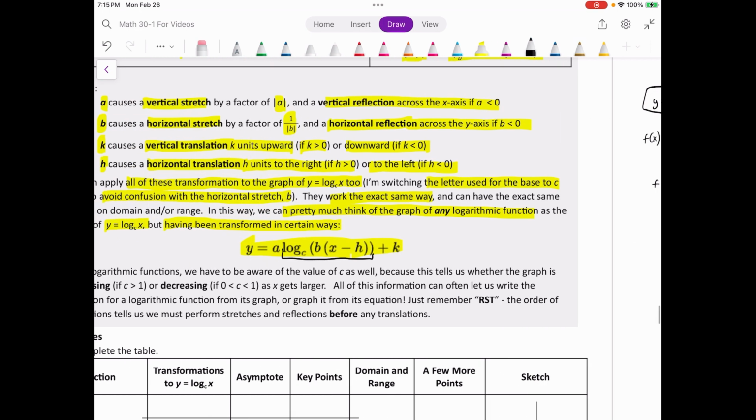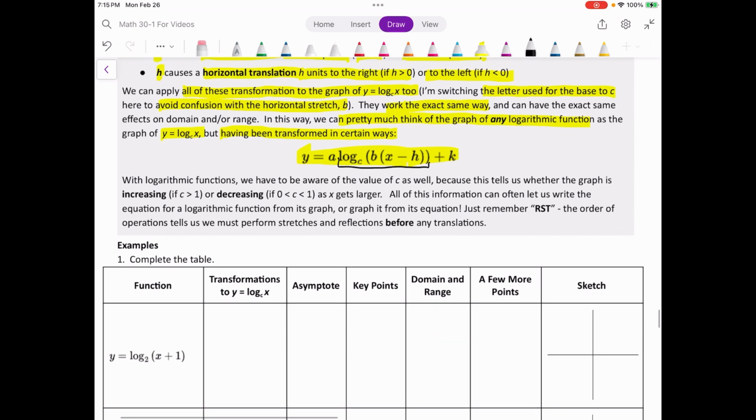Now, the other thing, just like with exponential functions, we just have to be aware of the value of c as well, because this tells us whether the graph is increasing if c is greater than 1, or decreasing if c is between 0 and 1 as x gets larger, okay? So whether it's going up or down as x gets larger.